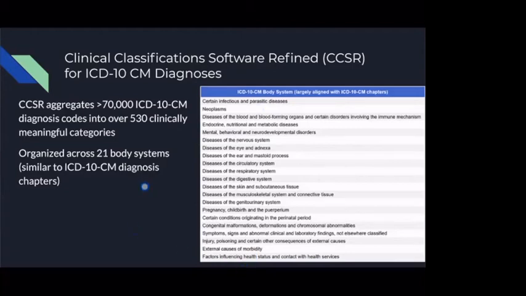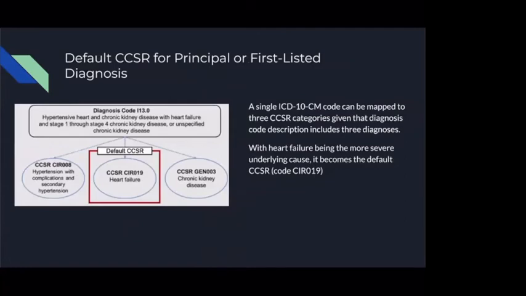And so you're able to then, with that data, understand through diagnosis codes what other flags are coming up in parallel. As an example here, diagnosis code I13.0 stands for hypertensive heart and CKD, with heart failure and stage 1 to 4 CKD or unspecified CKD.